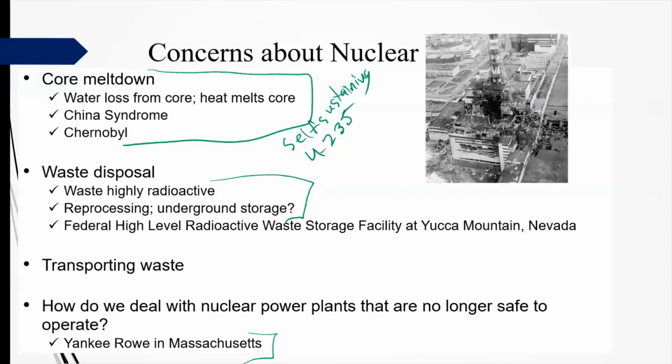Right now we're still trying to make our permanent storage facility over in Yucca Mountain. But until we have that, all of that material just sits underneath that decommissioned power plant, and so nothing can be done there. It is a challenge of nuclear. It's cheaper to make and lasts for a long time, but it is a challenge what we do with the material at the end.